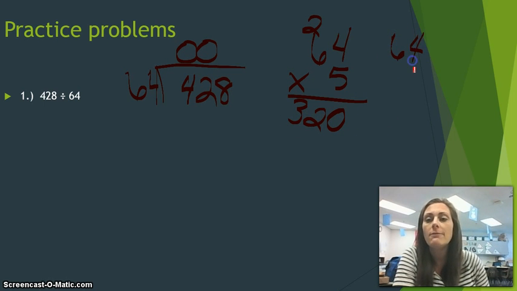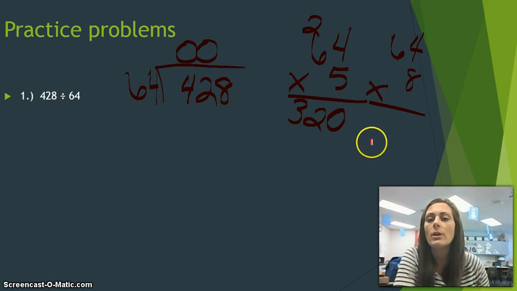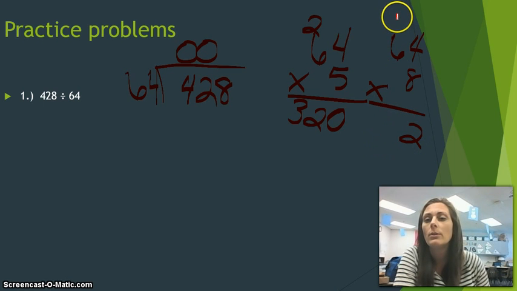I'm going to take 64 times 8. 8 times 4 is 32. 8 times 6 is 48, 49, 50, 51. So that would be too much.